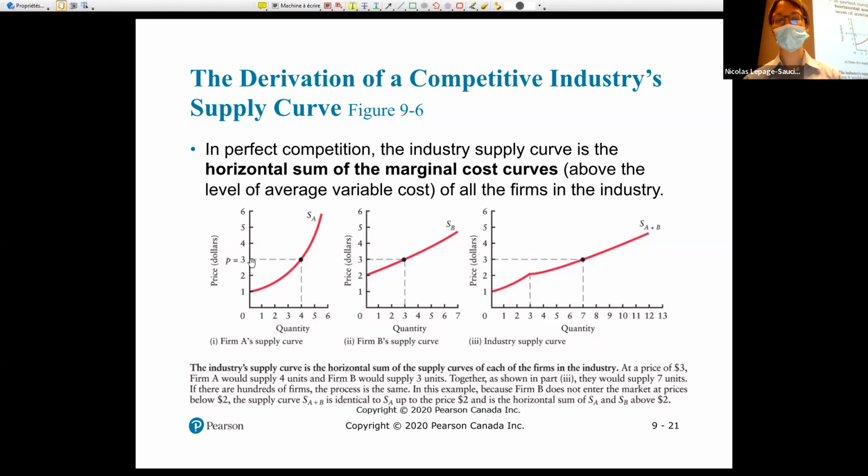You pick a price, P equals 3, and then you add up what firm 1, firm 2, firm 3, firm 4 produce. And then you get the total industry supply curve. That's the supply curve you've been used to.